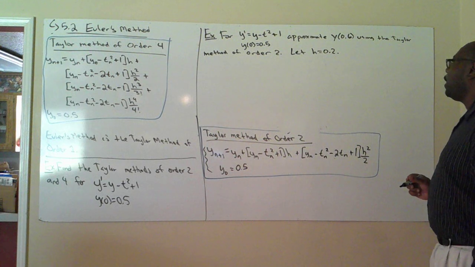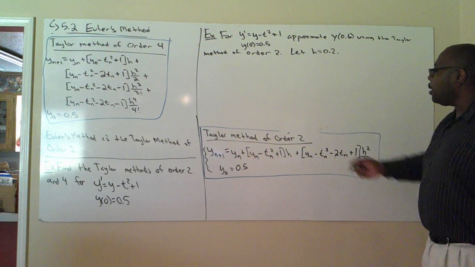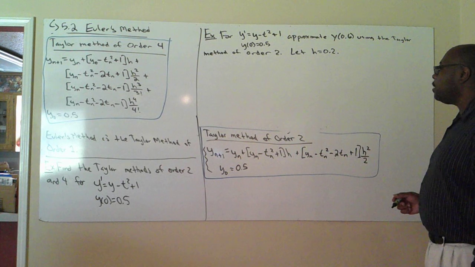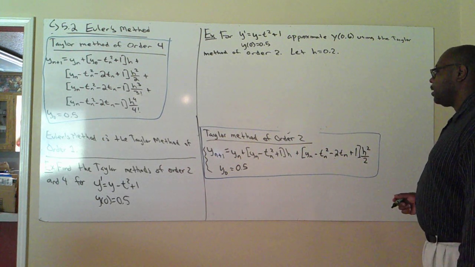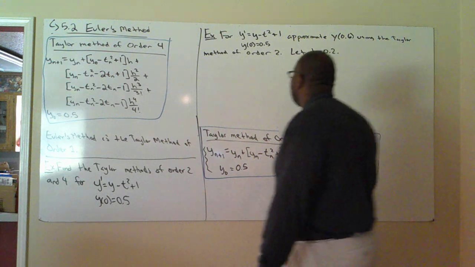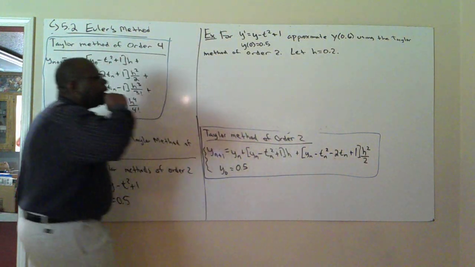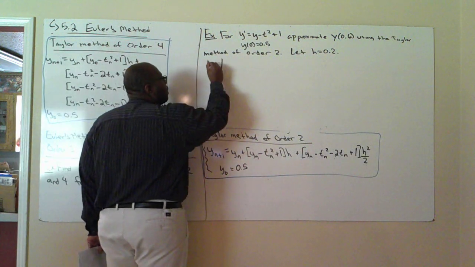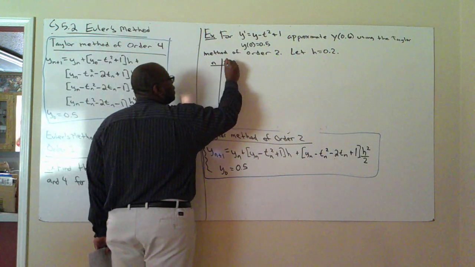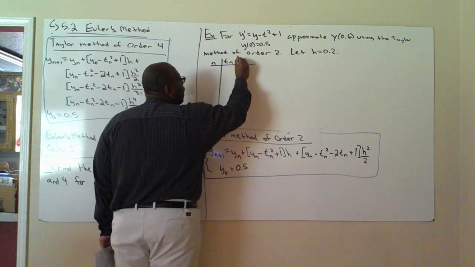Alrighty then. We've already come up with the Taylor method of order 2, so let's just do what we can then. We're going to create our table: n, t sub n, y sub n.